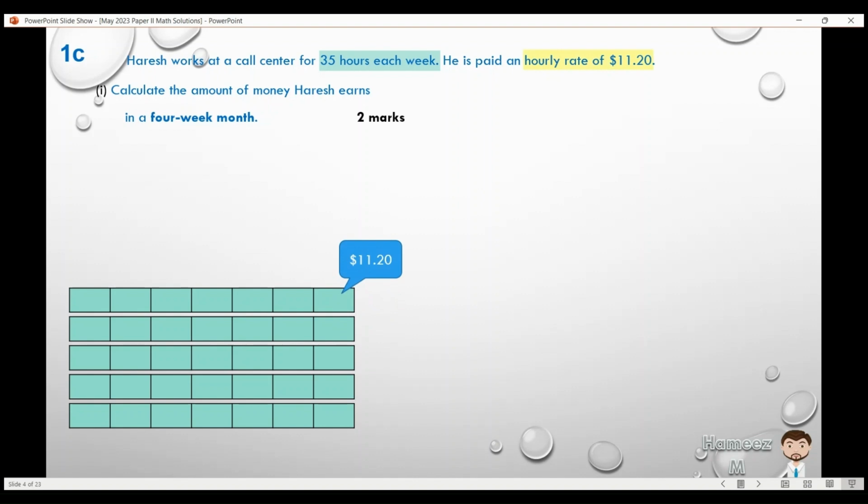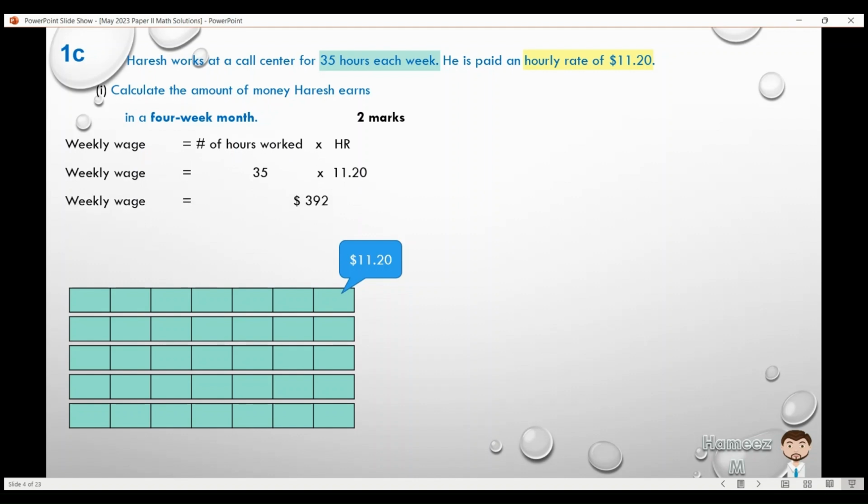So we're asked to figure out how much money he earned in a 4-week month. The weekly wage is the number of hours that he worked multiplied by the hourly rate. So we can see he worked 35 blocks, so that will be 35 hours multiplied by 11.20. You can use a calculator, you'll get $392.